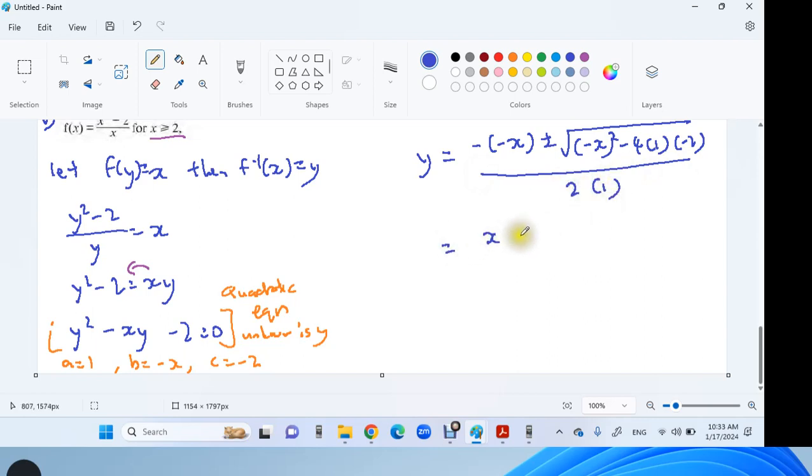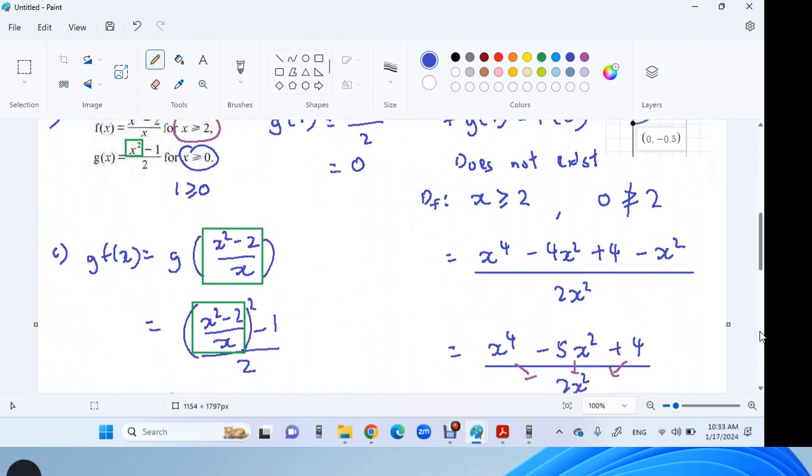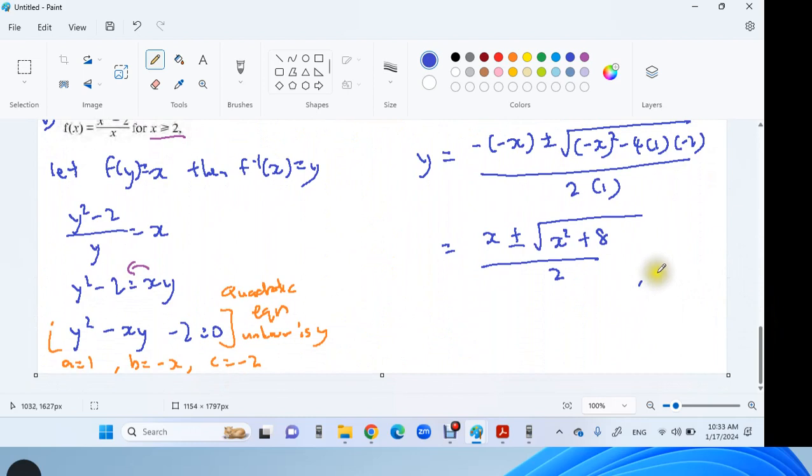So it becomes x plus or minus the square root of x squared plus 8, over 2. But we know that f(x) is greater than or equal to 2, so we take the positive side. So f inverse of x becomes x plus the square root of x squared plus 8, over 2.